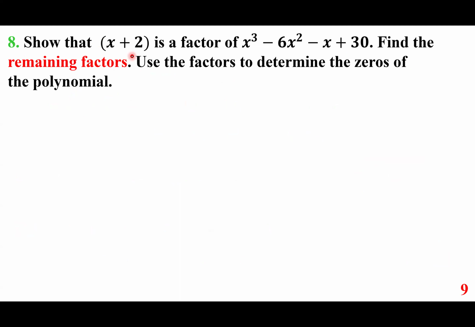Show that x plus 2 is a factor of x cubed minus 6x squared minus x plus 30. Find the remaining factors. Use the factors to determine the zeros of the polynomial.